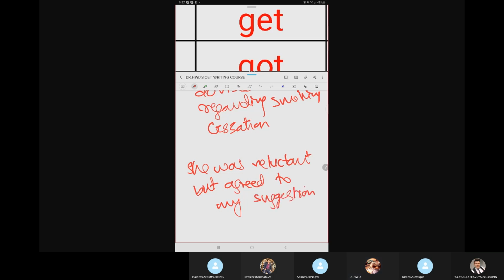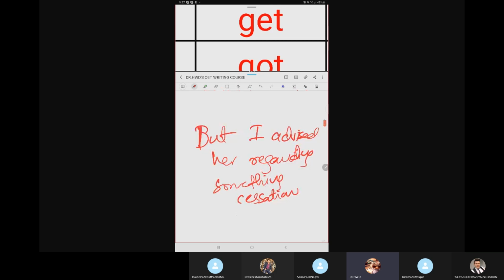Suggestion. Three sentences. The first one is, I just wanted to know if it's correct, it's formal or it's informal, but I advised her regarding something, smoking cessation, right? But I advised her regarding smoking cessation. So is it correct sentence? Is it formal or is it informal? Dr. Isher. I think, and we can use something else instead of but. Something else instead of but. All right. Dr. Zishan. Yes. We can use therefore. Therefore.